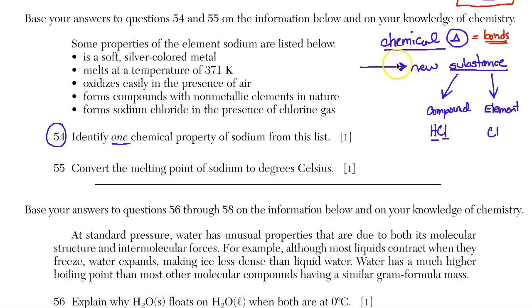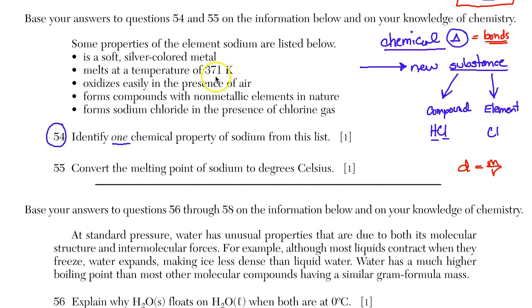Whereas in a physical property, you're not involved with breaking bonds. For instance, density. When you measure the density of something, it's a mass over volume ratio, you don't have to test it chemically. You don't have to break bonds and see new substances. You just take that substance, you figure out its volume, maybe by measuring, and you mass it on a scale, and you can get the density without breaking bonds or changing the substance.